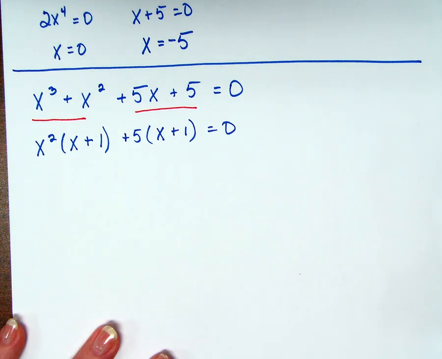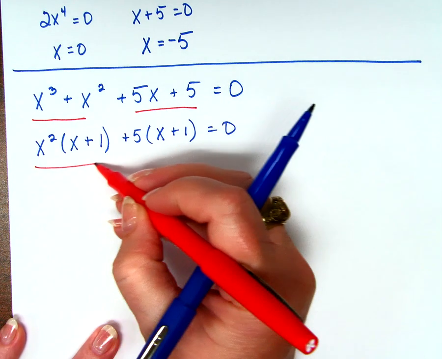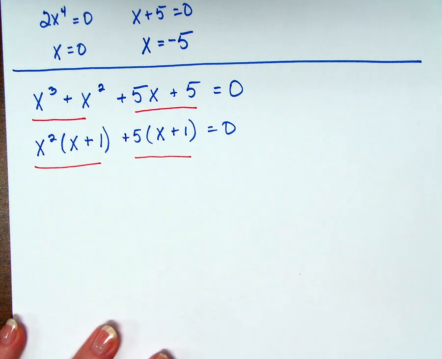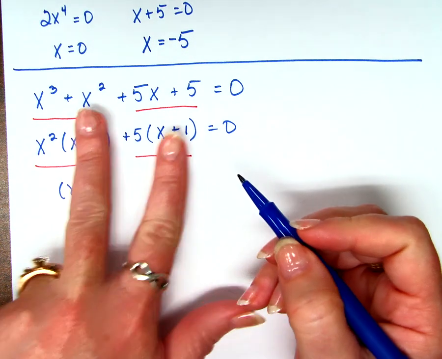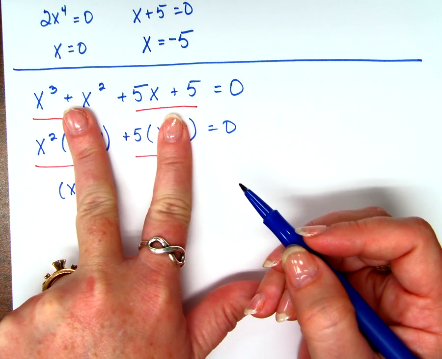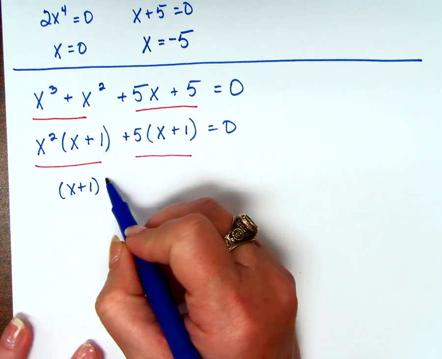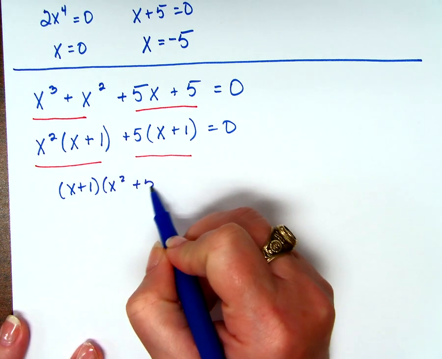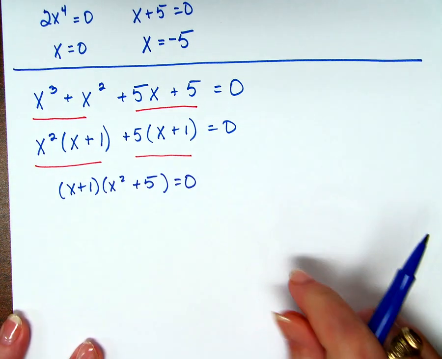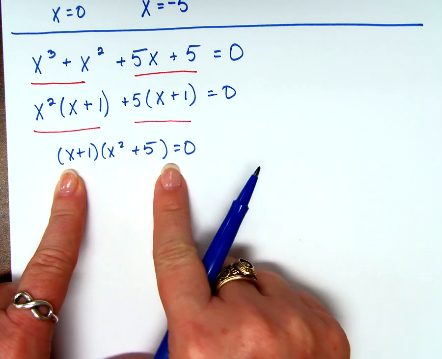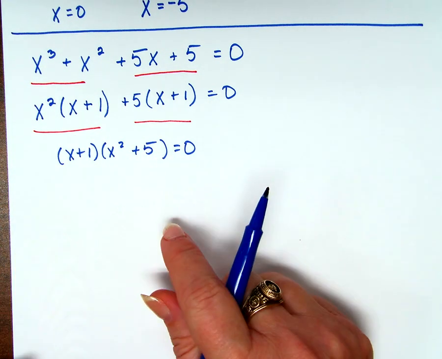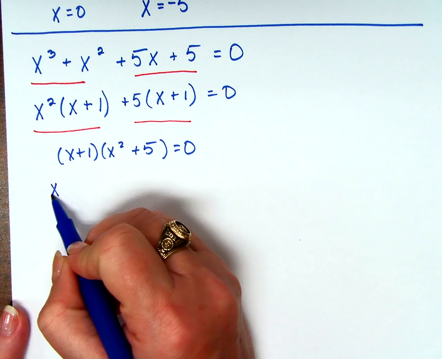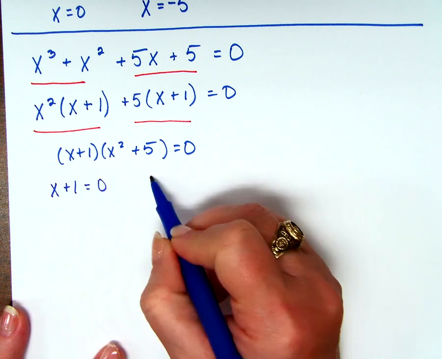Excellent. Now if I look at this term right here and this term right here, what's common in those 2 terms? X plus 1. And if I factor out an x plus 1 from each term, what's left? X squared plus 5. Once again, if a times b equals 0, either a has to be 0 or b has to be 0, or both. We never want to miss an opportunity to get the answer right, so we always do both.